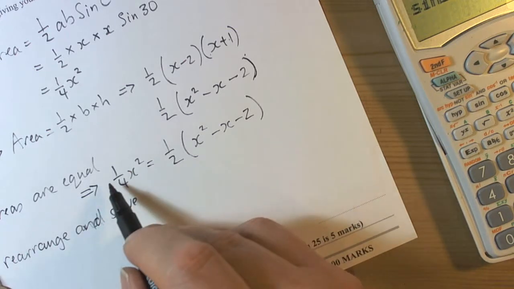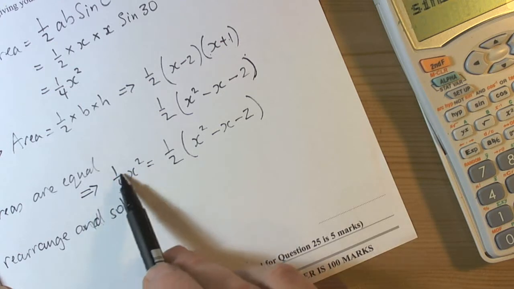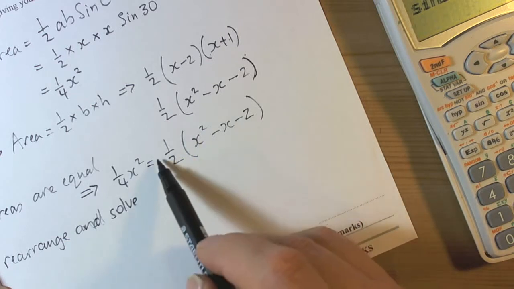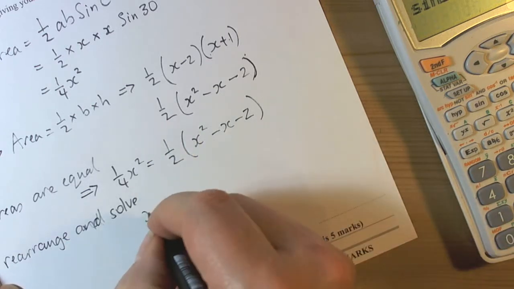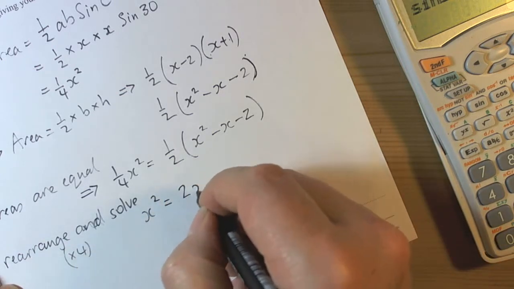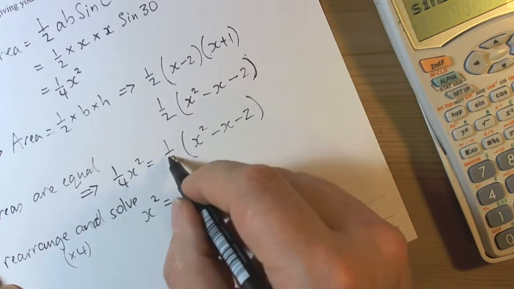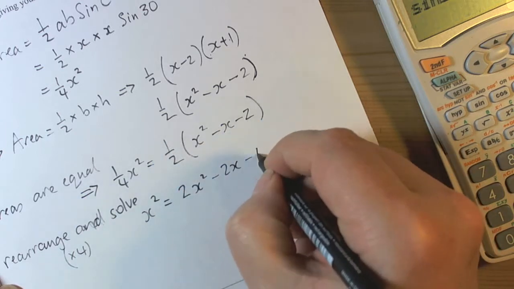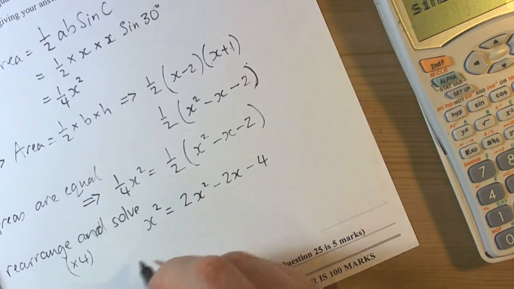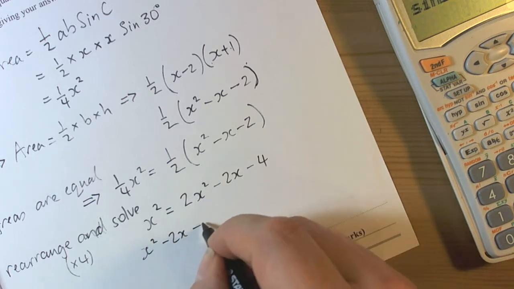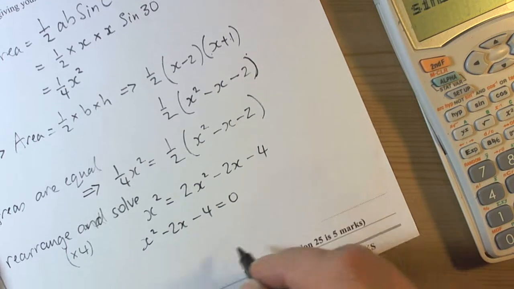Because this is a quarter, multiplying by 4 will cancel this to a whole x squared, but because I multiply this by 4, I must multiply this side by 4, and 4 times a half is 2. So x squared equals 2 lots of (x squared take away x take away 2), which is 2x squared take away 2x take away 4. So we can rearrange, and we end up with x squared take away 2x take away 4 equals 0.